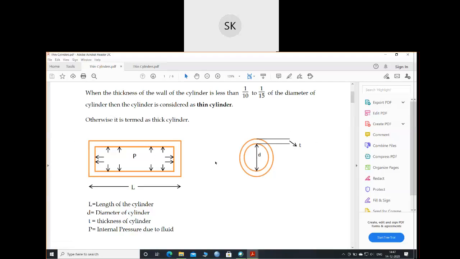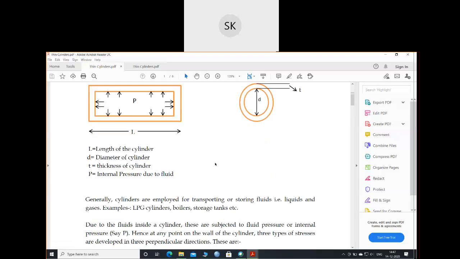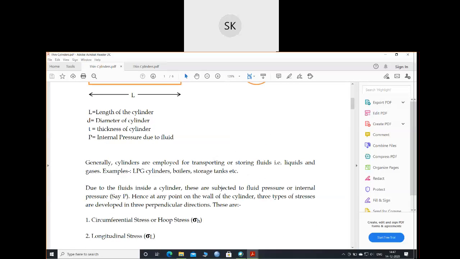Generally, LPG cylinders, boilers, and storage tanks are all thin cylinders. The thickness of these cylinders is very small compared to their diameter.